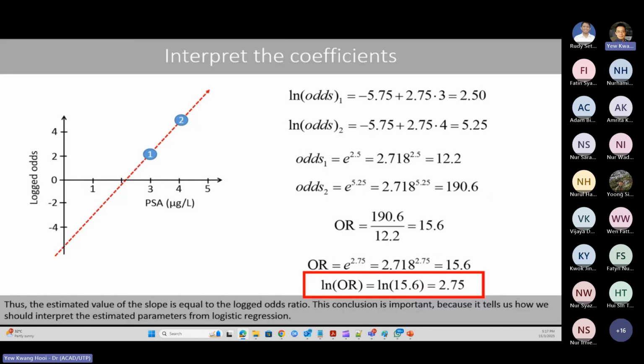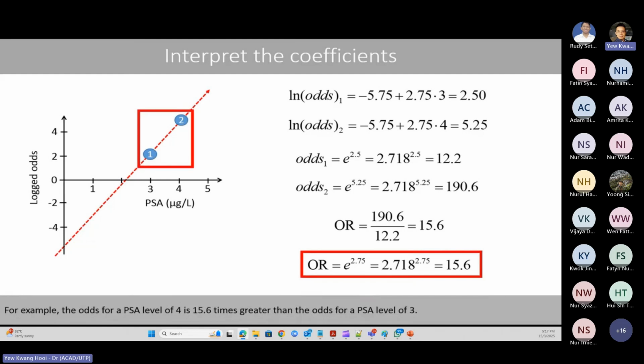This conclusion is important because it tells us how we should interpret the estimated parameters from logistic regression. For example, the odds for a PSA level of 4 is 15.6 times greater than the odds for a PSA level of 3.